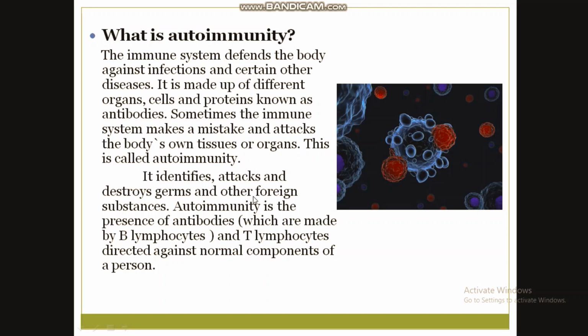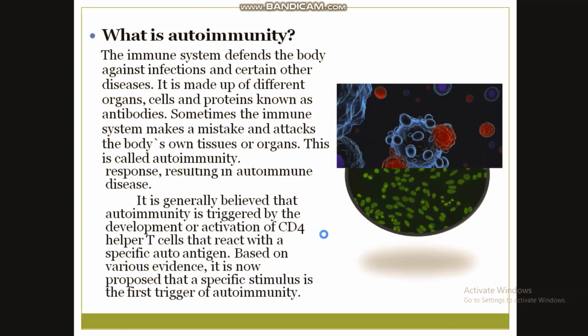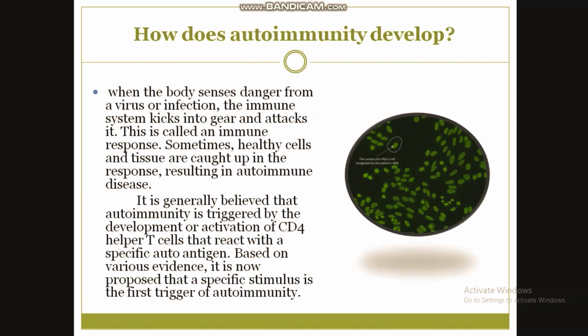It identifies, attacks, and destroys germs and other foreign substances. Autoimmunity is the presence of antibodies, made by B lymphocytes and T lymphocytes, directed against normal components of a person.